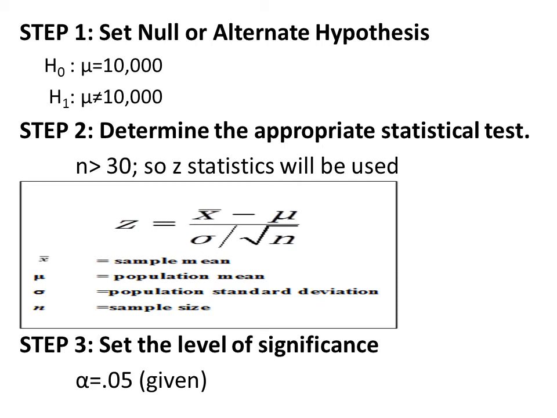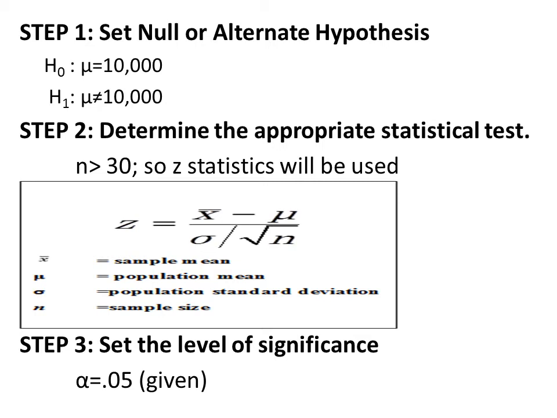Now, as per the 7 steps of hypothesis testing, step number 1 is to set the null and alternate hypotheses. Here, the null hypothesis is such that the population mean is equal to 10,000.